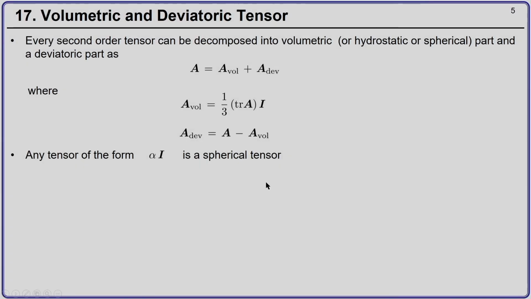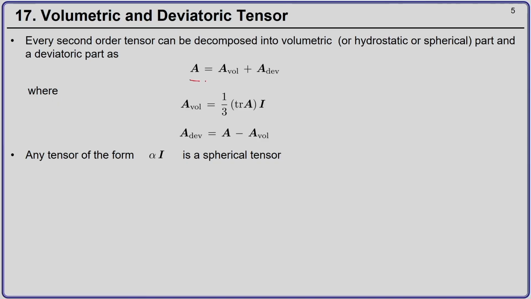Next, we come to what is meant by volumetric and deviatoric tensors. Every second order tensor A can be decomposed into a volumetric part, which is also called the hydrostatic part or the spherical part, and a deviatoric part.